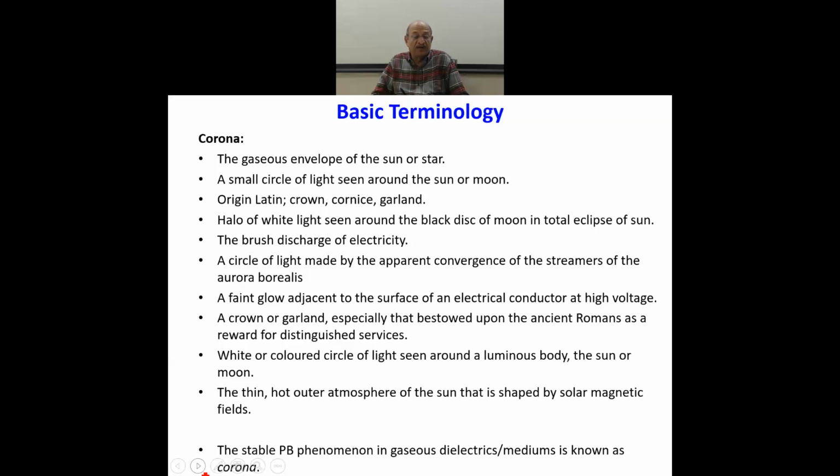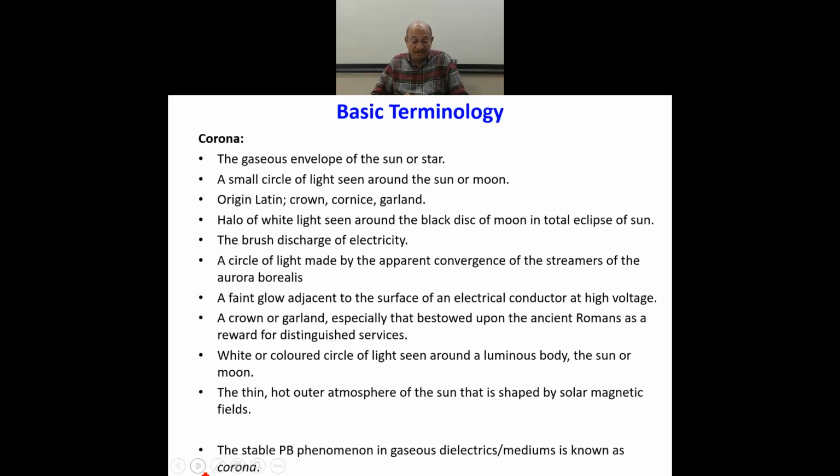If you happen to see a total solar eclipse, there is a completely dark circle and lights are emitted out of this dark circle, the solar lights, and that is also known as corona.